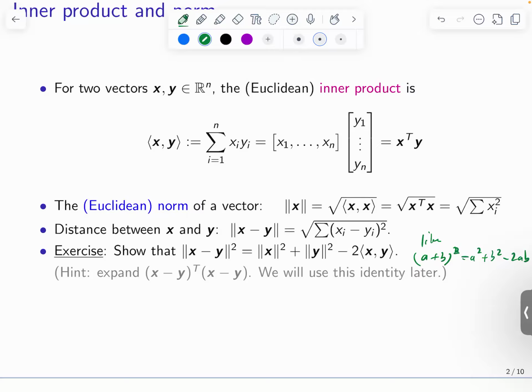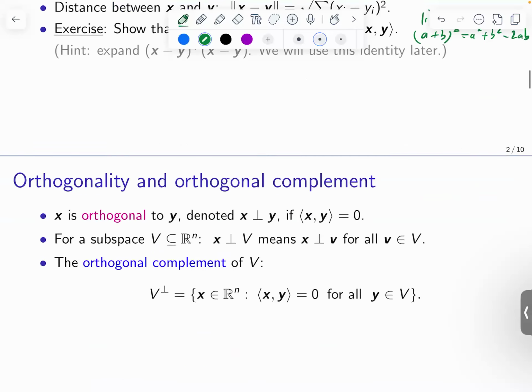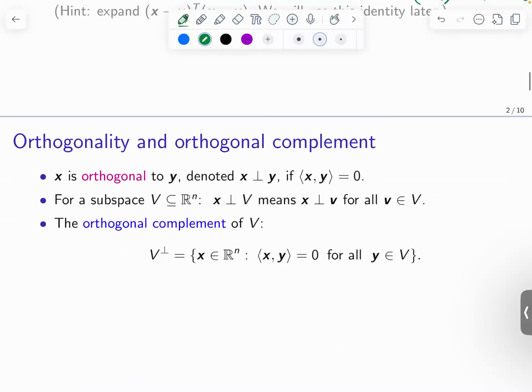This can be done by writing this as an inner product of x minus y with itself, like this transpose, so you can use it as a matrix multiplication, and then just expand and cancel things out. So doing it as an exercise is very useful later on, potentially. Okay, that was an aside.